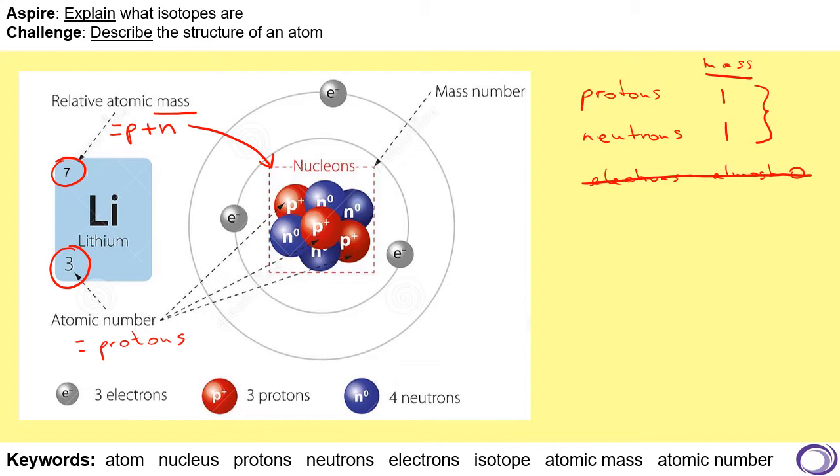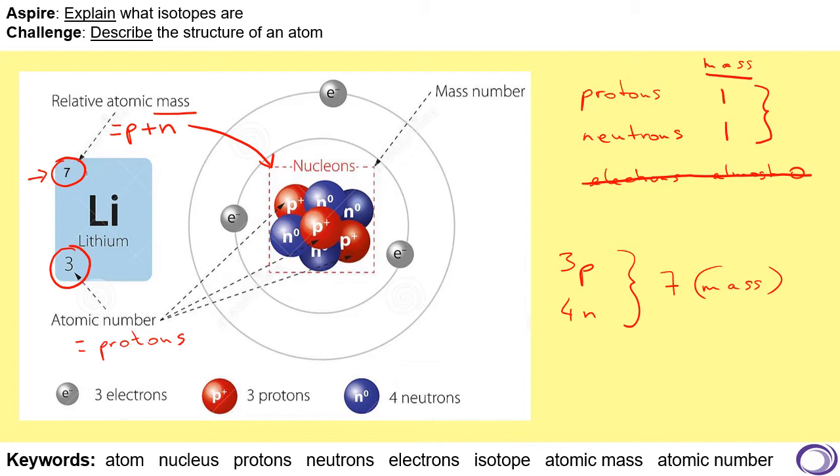And if you look at the diagram, you can see that lithium has 3 protons and 4 neutrons. Well, if you add those together, that gives you a mass of 7, which is the relative atomic mass that's given here for lithium. Okay, so we can use this information to work out how many neutrons might be in an atom.